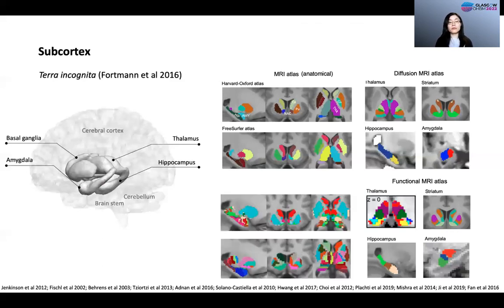There are only a few existing connectivity-based or function-based subcortical atlases that include more than one subcortical structure, and they generally do not preserve the anatomical boundaries. This leads to the question of whether this discrepancy is because of the divergent structural and functional organization of the human subcortex, or because of a methodological limitation. In this study, to address this question, we use gradient mapping methods.